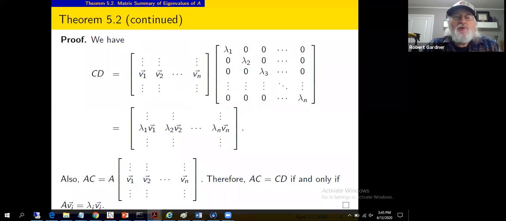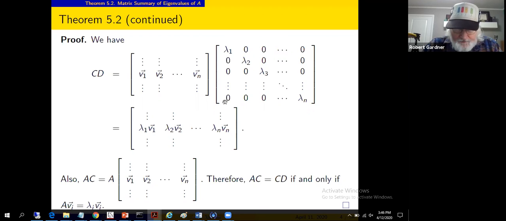All right, if you'll do your row times column thing, let me convince you of this, at least for the first column. We'll take the first row times the first column. The first row will consist of the first component of the first vector, the first component of the second vector, and so forth. So it'll be all first components along the first row.